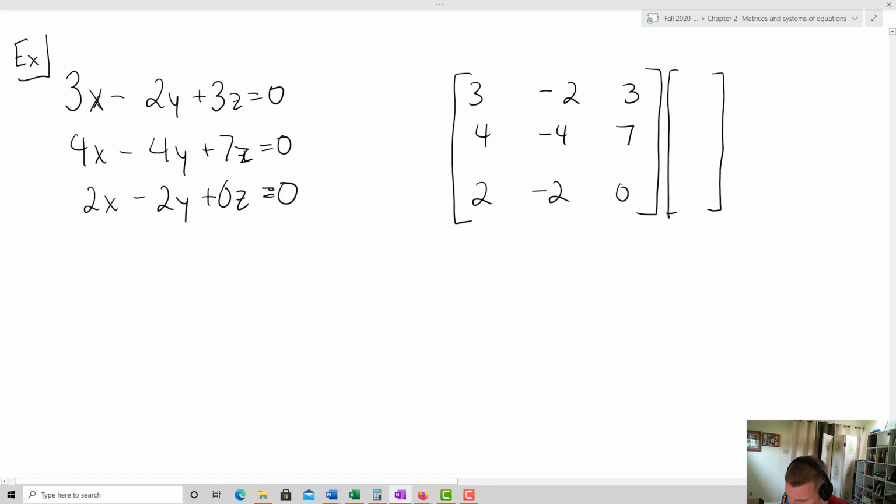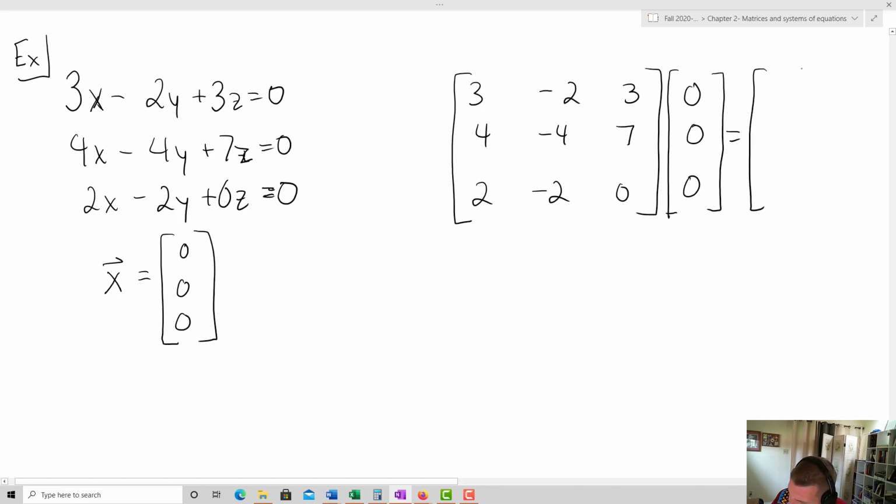We've got a 0, a 0, and a 0. So if you think about it, one solution is definitely going to end up being, and we'll call this x, our vector of unknowns, 0, 0, 0. If you think about it for a second, you'll figure out why. But let's go ahead and check it. 0, 0, 0.